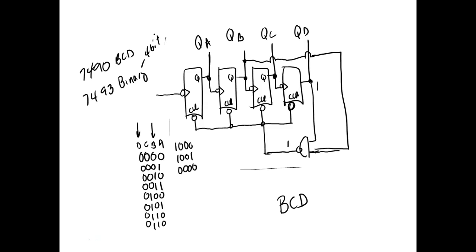The two main categories of counters are BCD, because that's what we understand. I could take the output of a BCD counter and hook it up directly to a 7447, which is a BCD to 7-segment decoder, right? And I would be seeing decimal instead of binary.